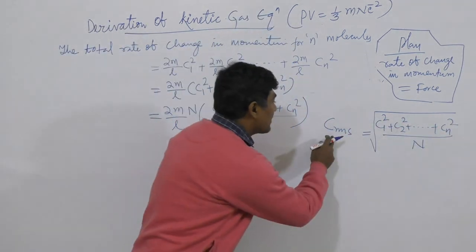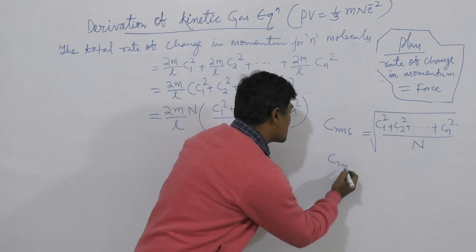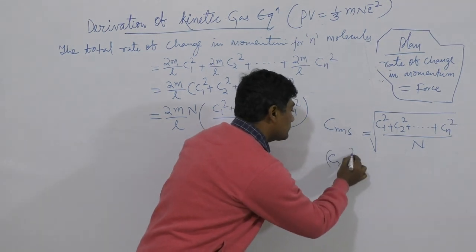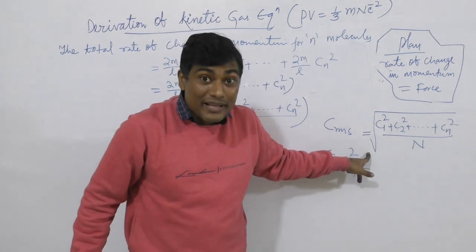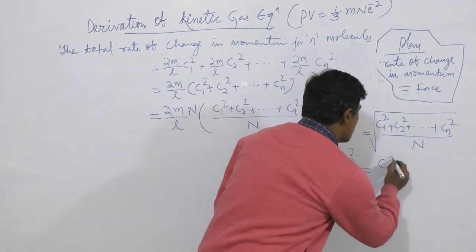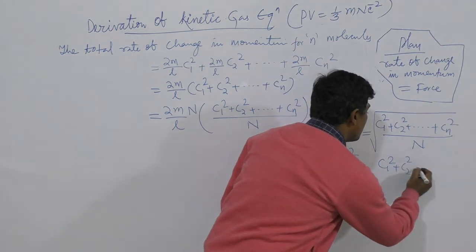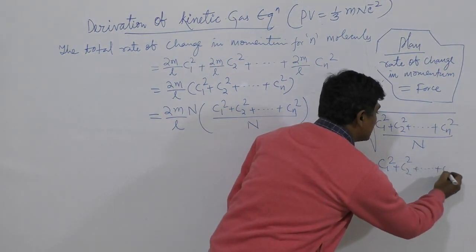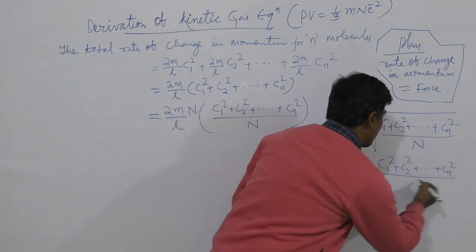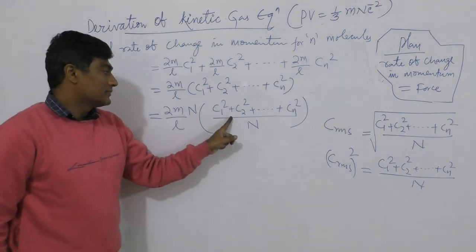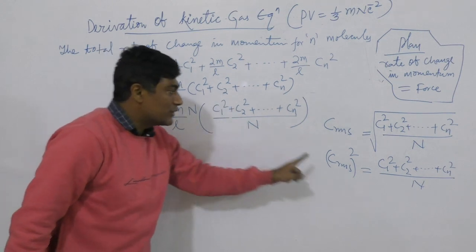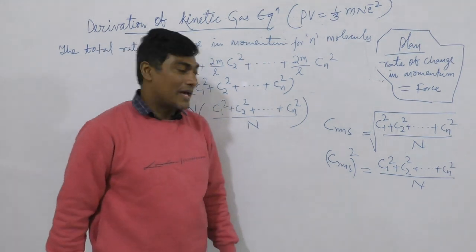So if you write C RMS square, then this root symbol will not be there. You will have c1 square plus c2 square plus dot dot dot plus cn square by n, right? So instead of this we can write C RMS square.